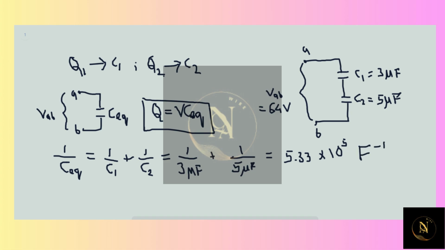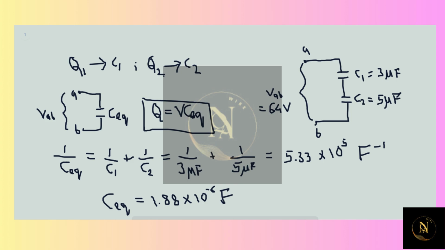per farad. And in order to find the C equivalent, we need to take the inverse of what we have just calculated. So the inverse of the value we have just calculated equals C equivalent. And if you take the inverse of this value, it comes out to be 1.88 times 10⁻⁶ farad.